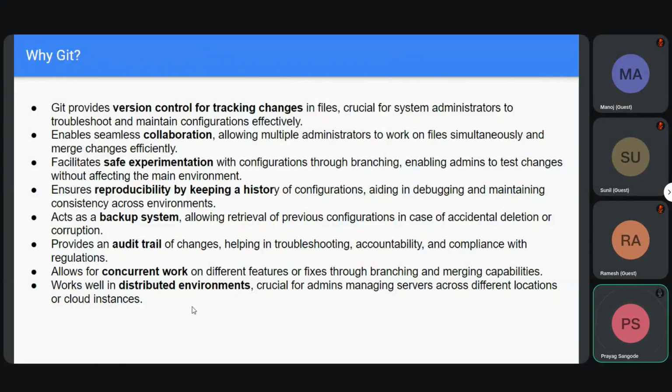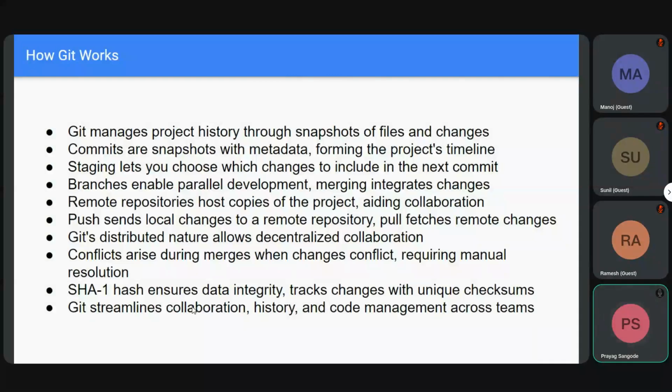In short, it achieves the efficiency of the project. So how does Git work, meaning how does it keep track of the history? It creates a snapshot of the files and the changes. Snapshot means a copy at that particular time is maintained.